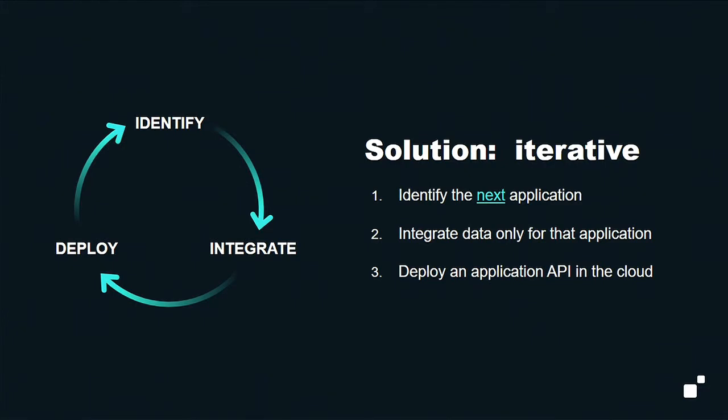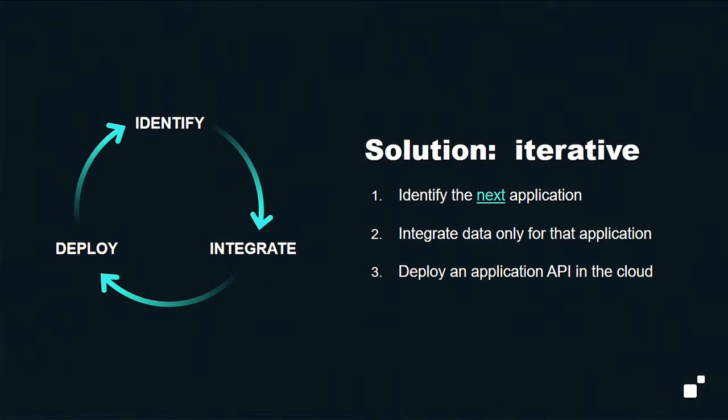That cycle starts by identifying the first application, the application that's going to provide the most value for the least effort, integrating only the data needed by that application, ruthlessly scoping, so that even if other data is available, we don't integrate it. And then finally deploying in the cloud so that the infrastructure that supports our applications can evolve as the applications evolve.